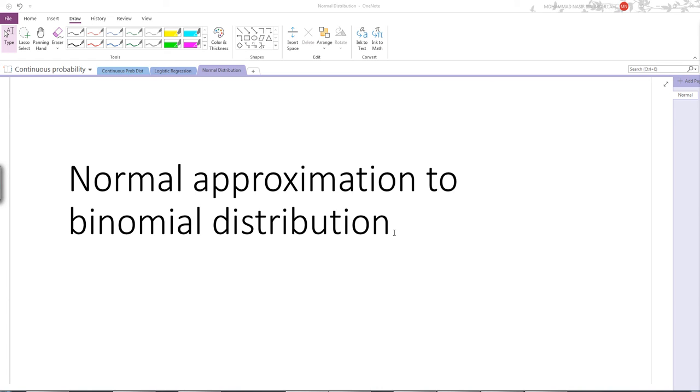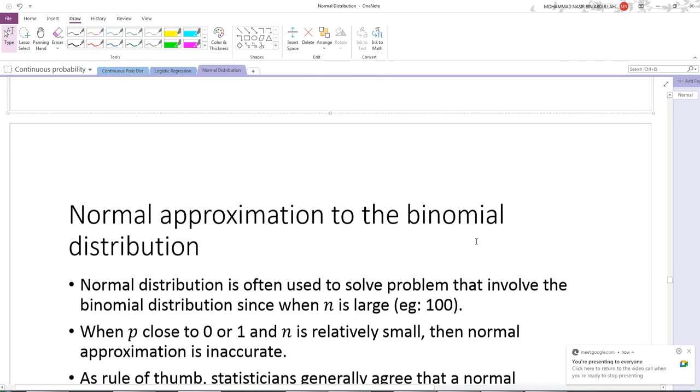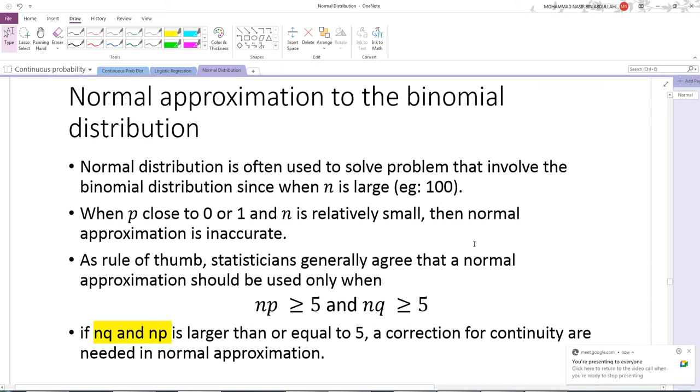Normal approximation to binomial distribution. When we have a binomial distribution problem and the number of replications n is large, and p is close to 0 or 1, basically p is close to 0, we can use the normal approximation to the binomial distribution.